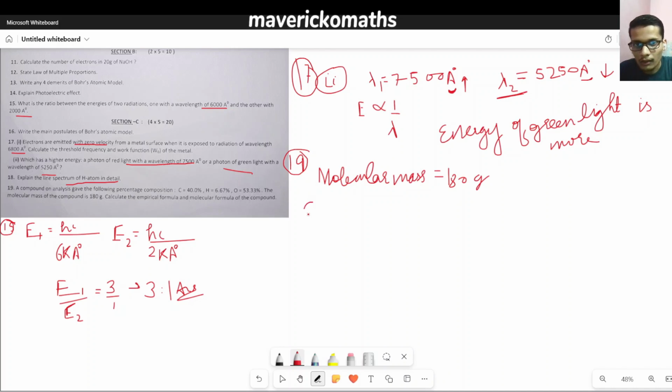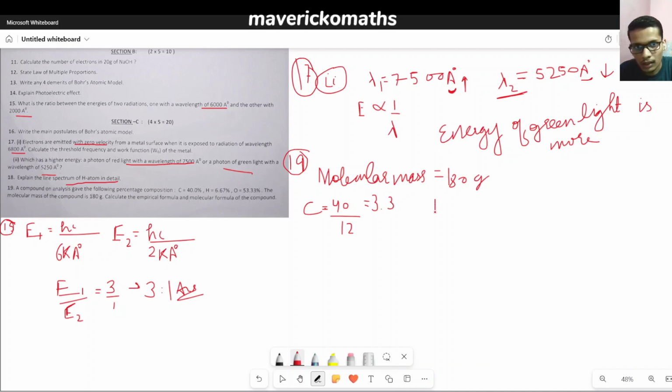How can we do it? Firstly, we have to find the number of moles of carbon. How do we find it? Simply the percentage given in the question divided by the mass of 1 mole of the given element. If we divide 40 by 12, it will be 3.3.